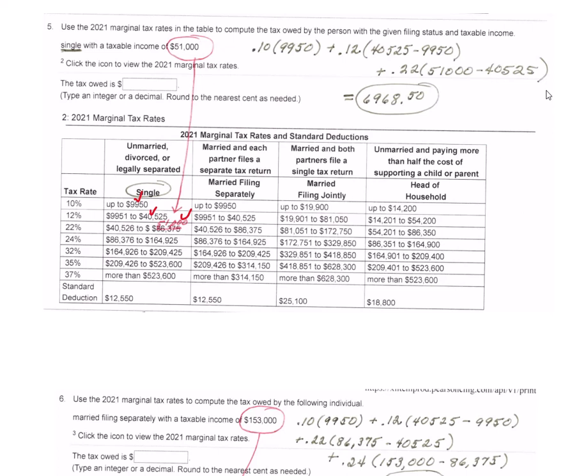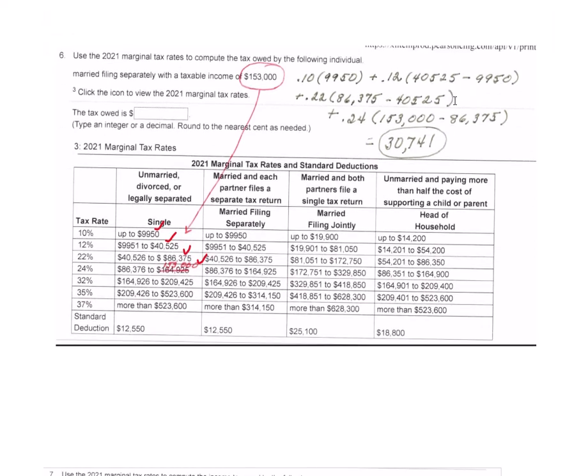If you don't want to put it all in at once, you can do this difference, write it down, do this difference, write it down, and then have 0.10 times this, 0.12 times that difference, 0.22 times that difference. Then add them all up. And this person owes $6,968.50 in taxes.